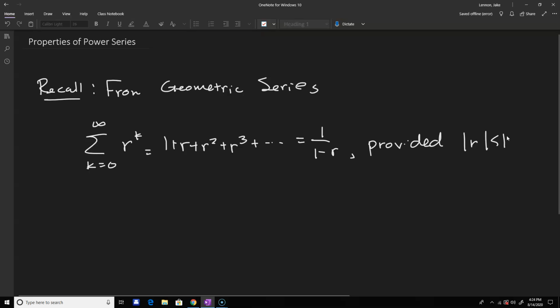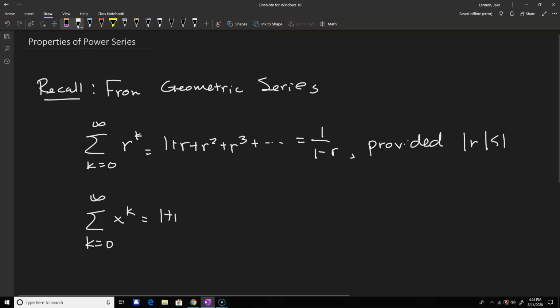So we can do the same thing with functions, in fact. A small adjustment: if we make these r's just x's, you have the same sort of thing. This infinite polynomial can actually be represented by a pretty simplistic rational expression, the function 1 over 1 minus x.